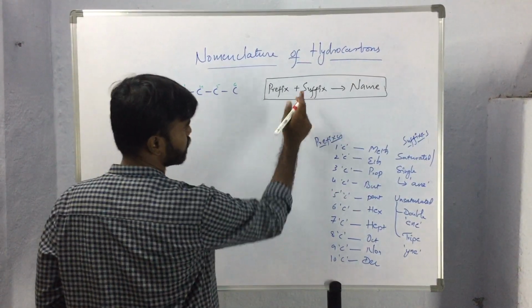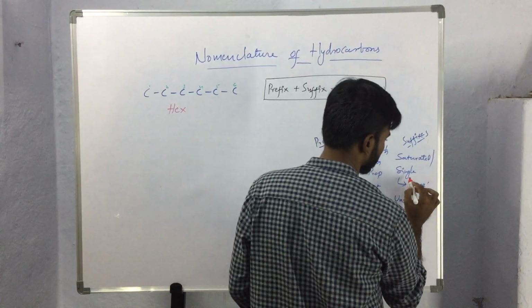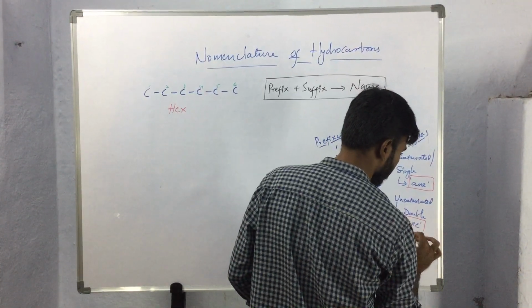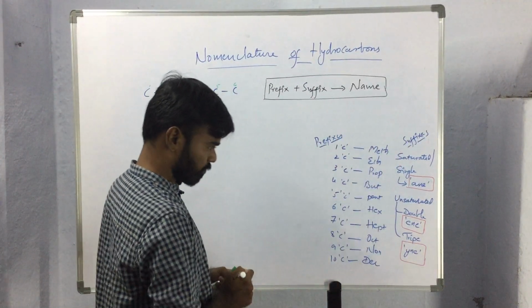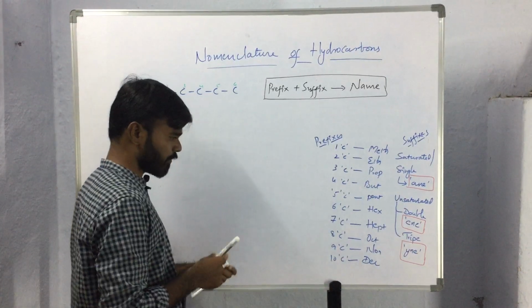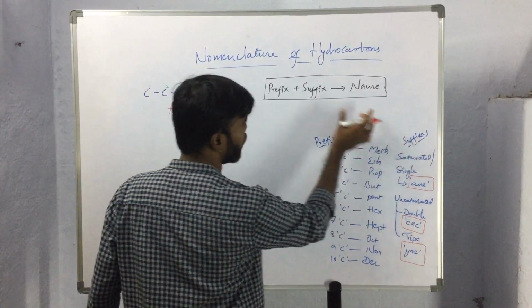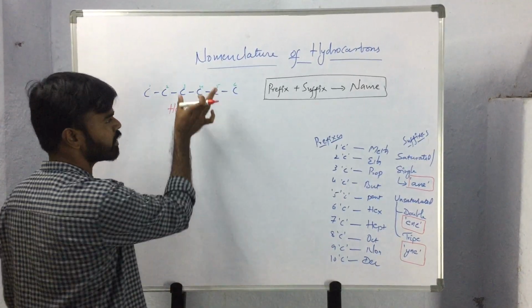And the suffix. These are the standard suffixes we have: ane, ene, yne. These 3 are the standard suffixes. To select the suffix, we have to see the nature of the compound, whether it has any unsaturated bond or only saturated bonds.